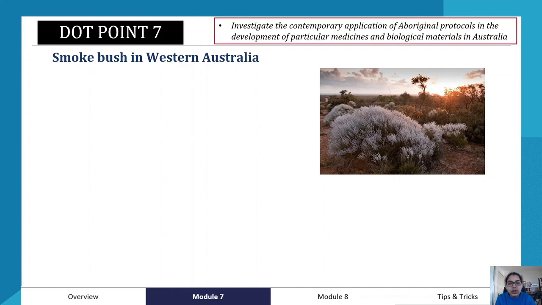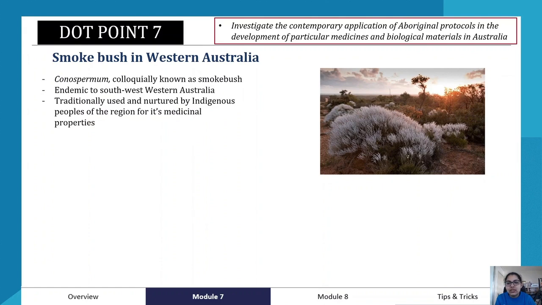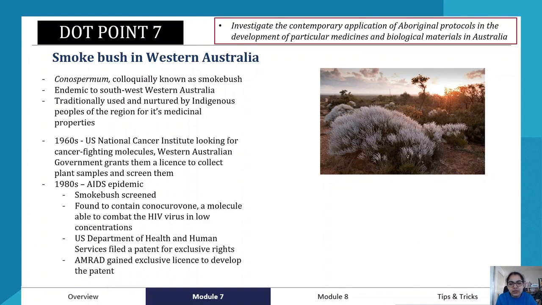So, the last stop point of the module is asking us to look at the contemporary application of Aboriginal protocols in the development of particular medicines and biological materials. So, smoke bush, which is endemic to the southwest of Western Australia, is a traditionally used medicine by the indigenous peoples of the region.